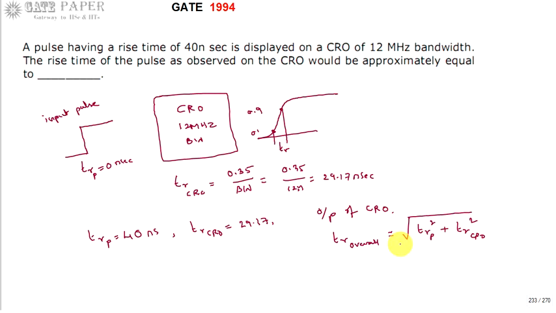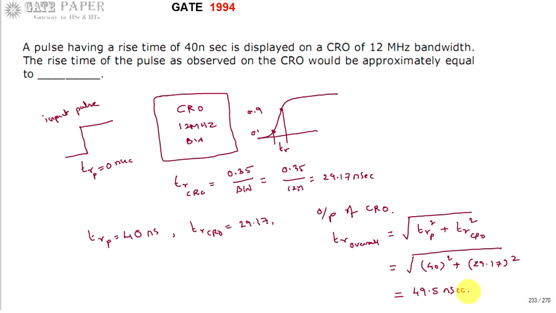If it is affected by 3 rise times, you will get one more plus term, TR3 squared, like that. So now the overall rise time is the square root of 40 squared plus 29.17 squared, which is going to be equal to 49.5 nanoseconds.